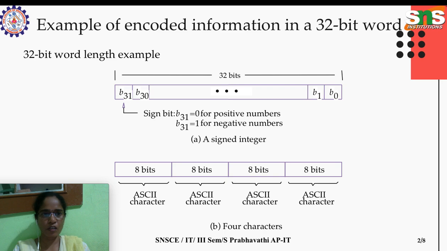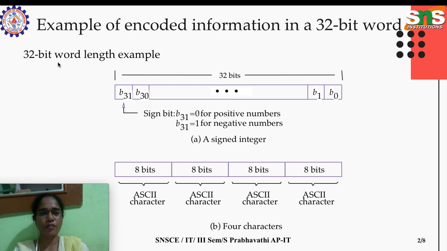Coming to how the information is encoded in the memory in detail. For example, if the word length is 32 bits, here we are speaking about the content of the memory, how the information is stored inside. Information is stored in terms of bits, ones and zeros.